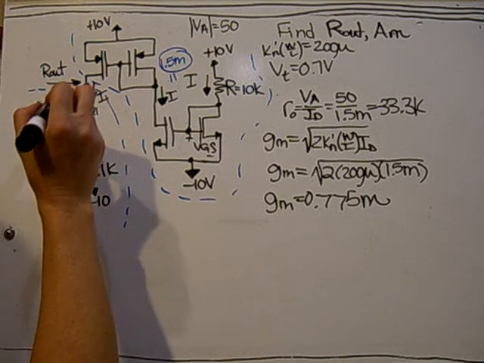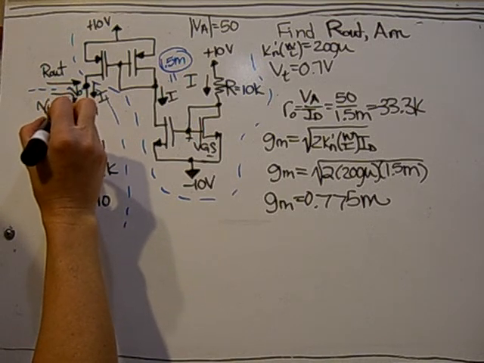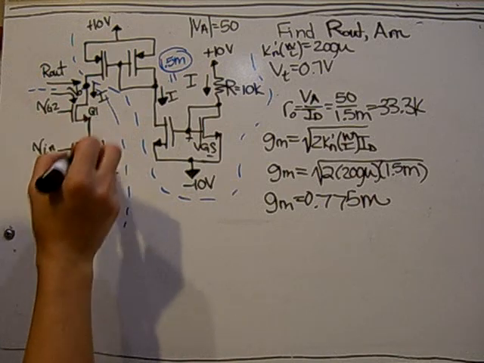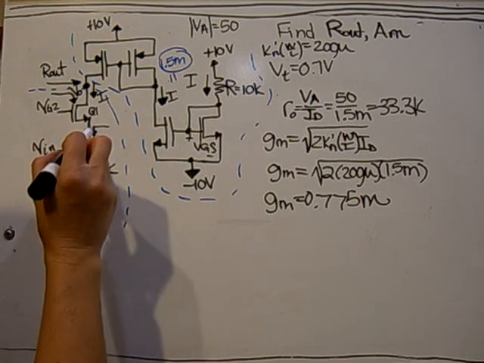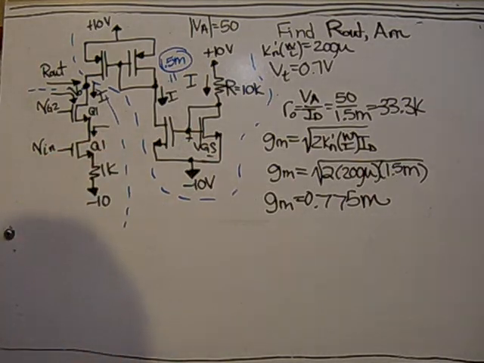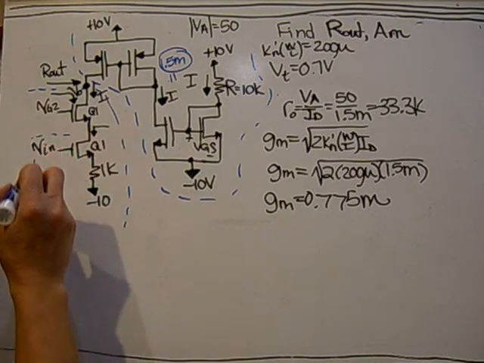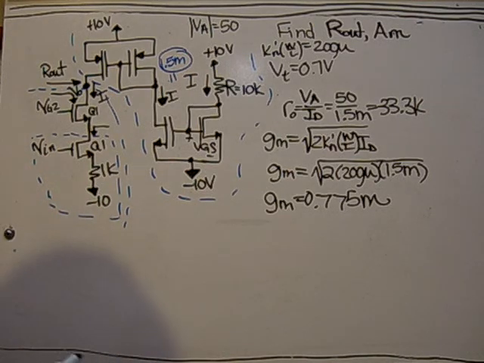And looking at this, I can break this up into two parts. I can look at the bottom one, and then I can look at the top one. Here is a little bit more complicated circuit, so again I can break this up into a simpler one of just these two. So I can lump that all up into one equivalent resistance.